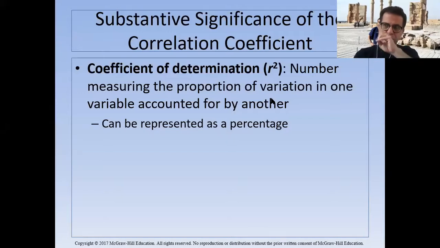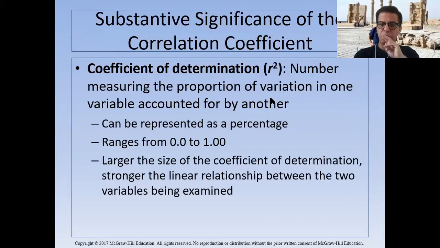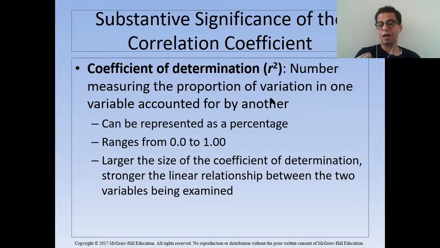You say there is a positive relationship of 70% or 80%, or a negative relationship of 70% or 80%. Now the range is from 0 to 1, as we said, because they use R squared. The larger the coefficient of determination, the stronger the linear relationship between the two variables.